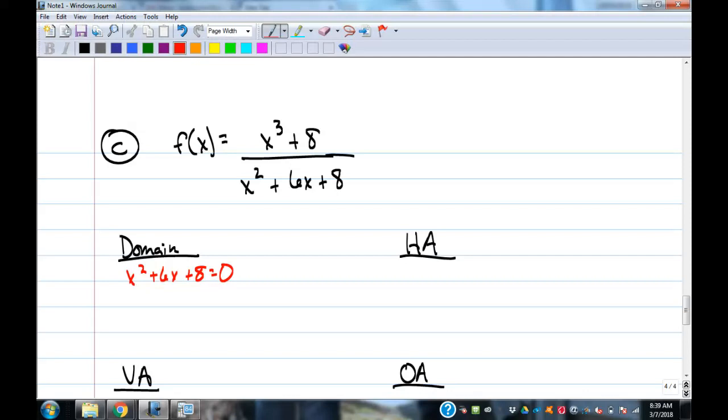So that's why we're choosing factoring. It factors as x plus 4, x plus 2. Set those equal to 0. You get x cannot be negative 4, x cannot be negative 2. So that's our domain. x does not equal negative 4 or negative 2.